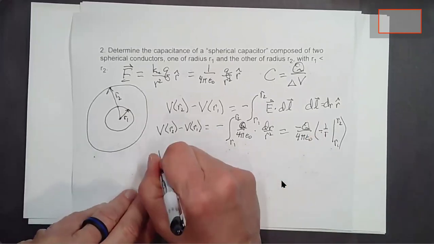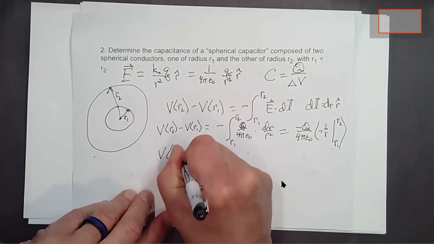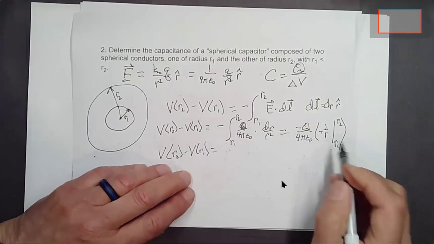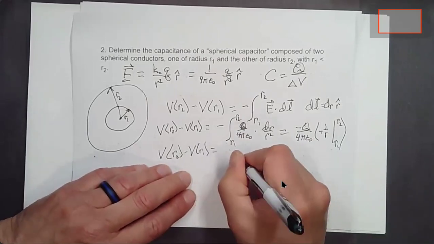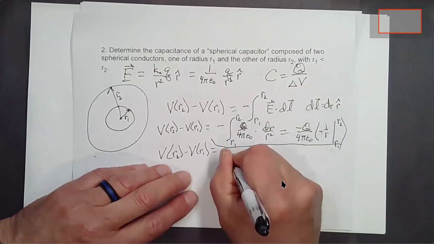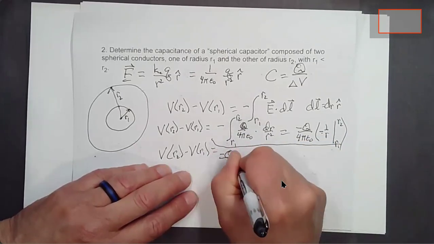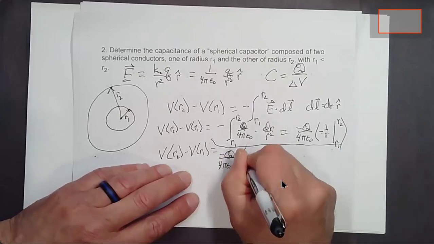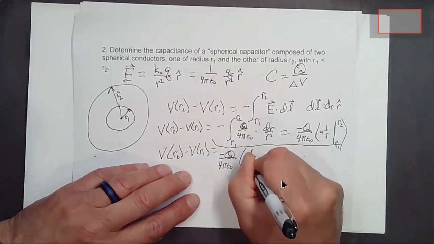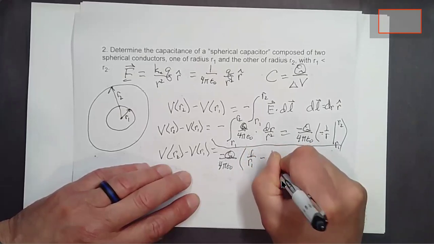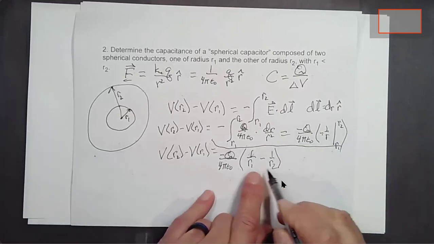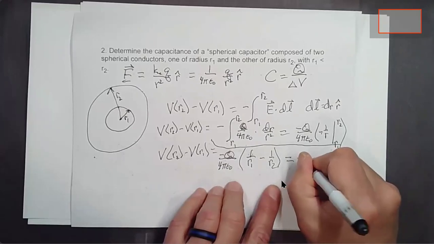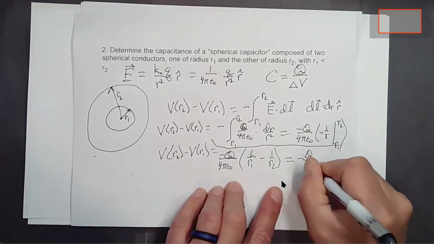And so my V of R2 minus V of R1 will equal, oh, I should have moved it down farther. Oh, well, it'll be minus Q over 4 pi epsilon naught, and then 1 over R1 minus 1 over R2. Remember, R2 is bigger than R1, and we can simplify that expression.